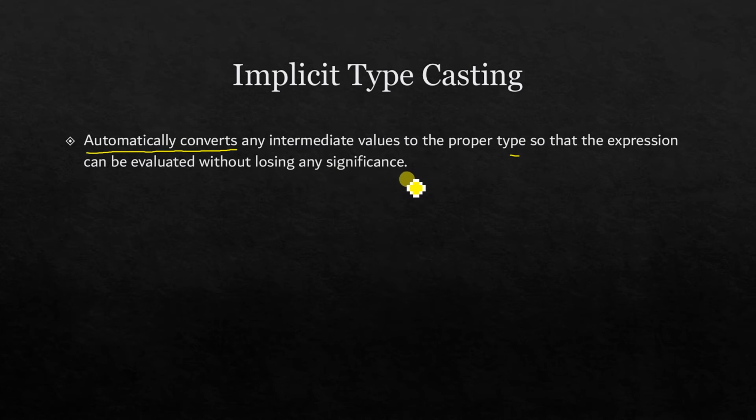In the previous example you have already seen this, where the conversion has been done from an integer value to a float variable without losing any significance, and it is automatically converted. The user has not given any instruction to the compiler to convert that 55 to 55.000000.